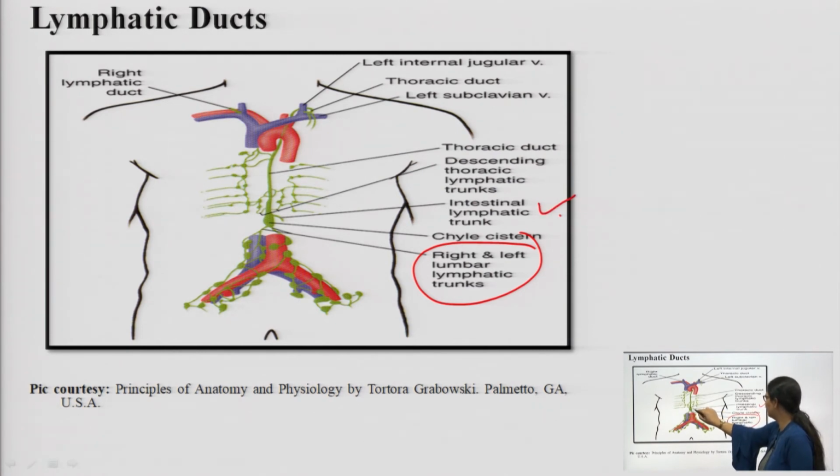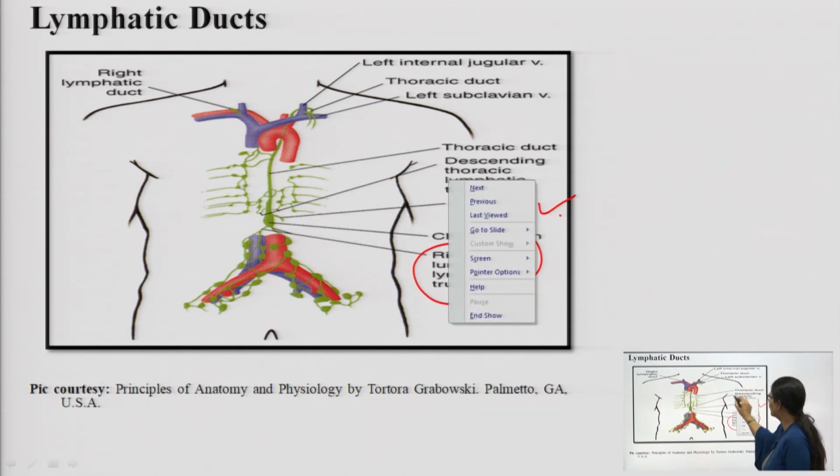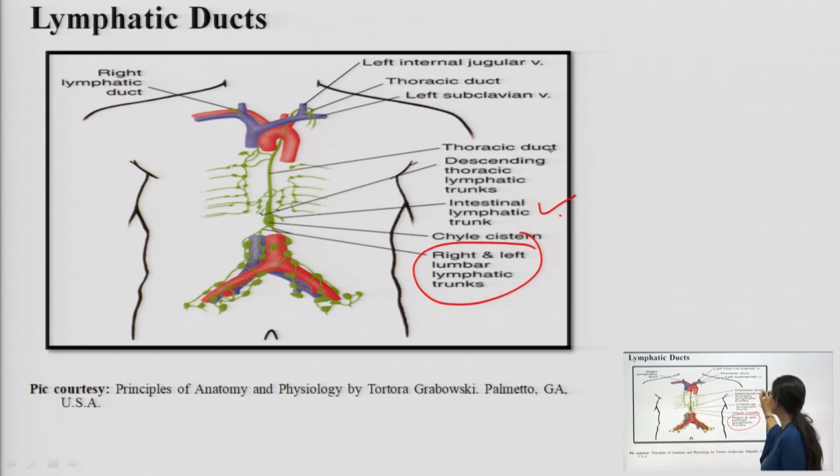This intestinal lymphatic trunk in the upper part connects to the descending thoracic lymphatic trunk, and this thoracic lymphatic trunk connects to the thoracic duct. This thoracic duct further connects with the left subclavian vein, with the help of the jugular vein. It unites at the junction of the subclavian vein and the internal jugular vein.